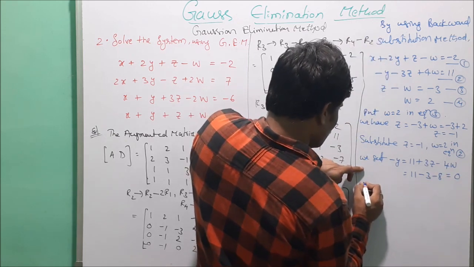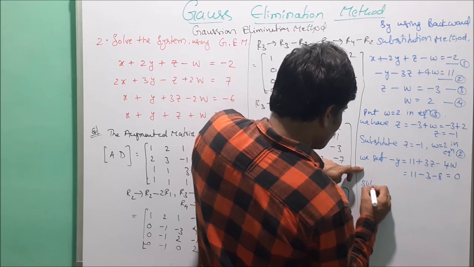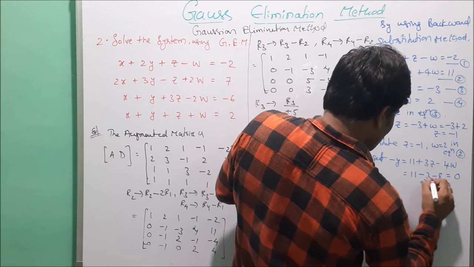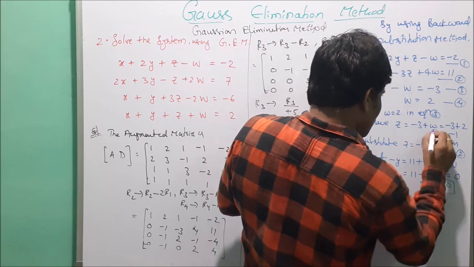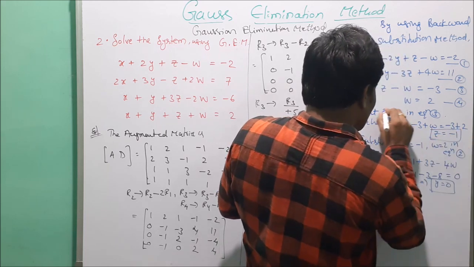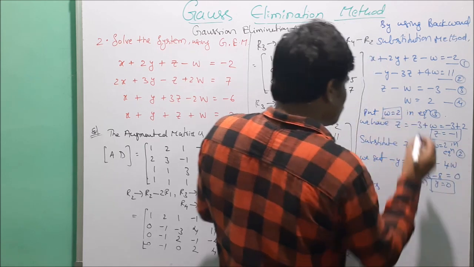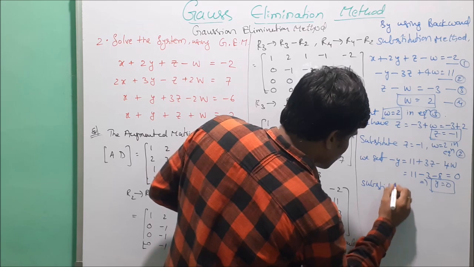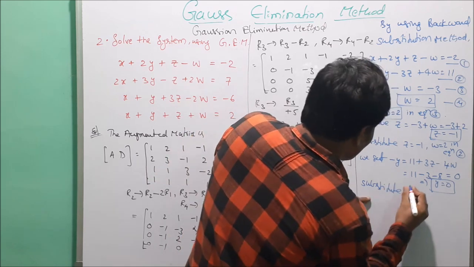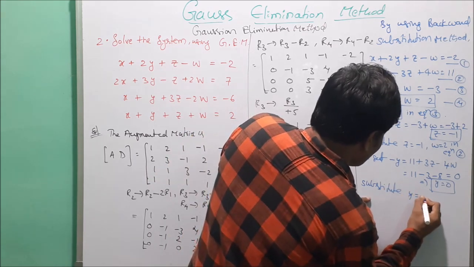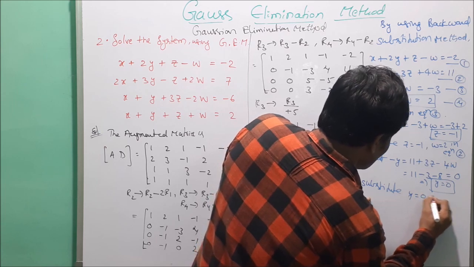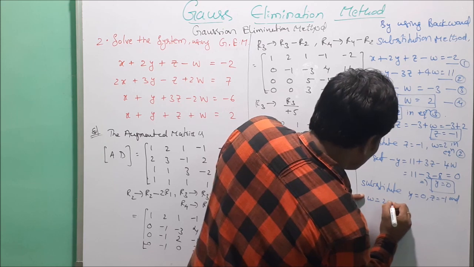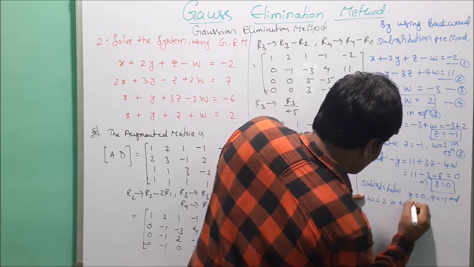Similarly, substitute y equals 0, z equals minus 1, w equals 2 in equation 1.